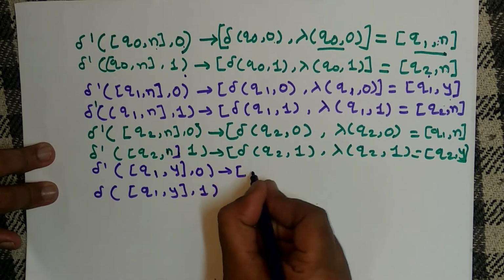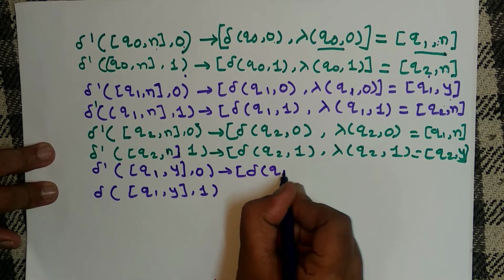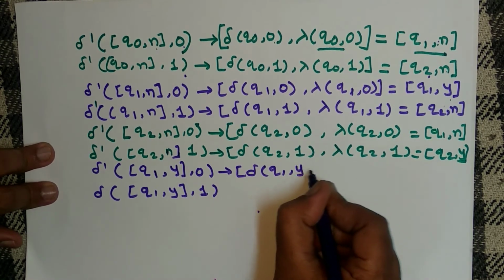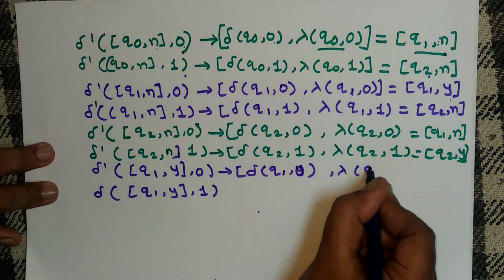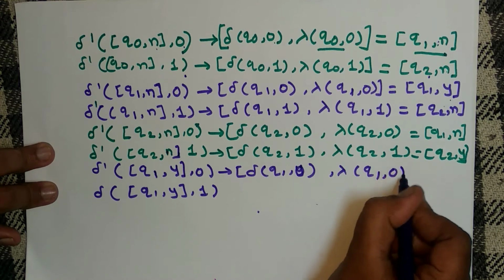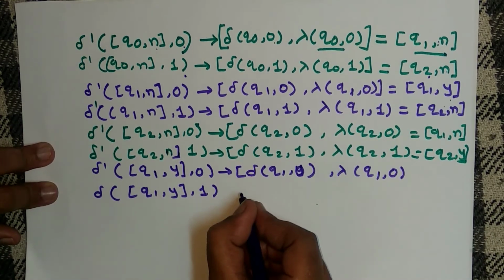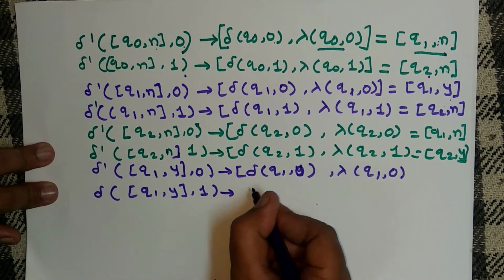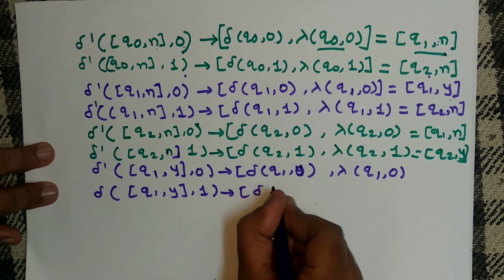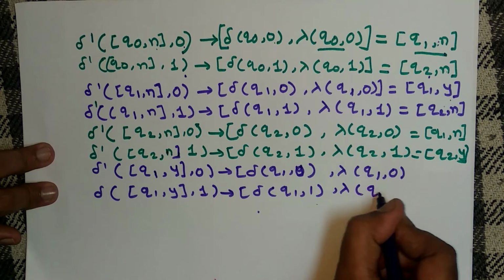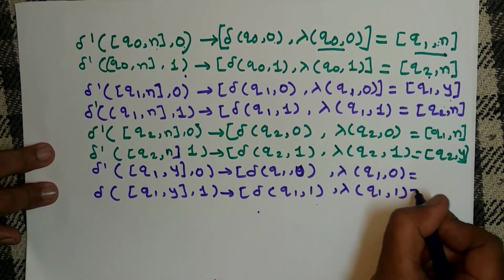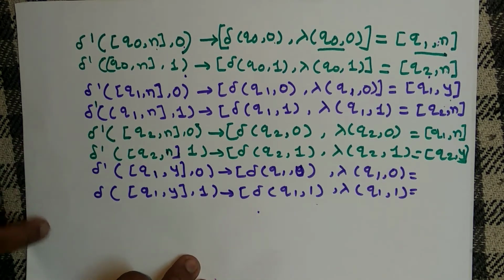Do the splitting: delta of Q1 over the 0 and lambda of Q1 over the 0. Next, delta of Q1 over the 1 and lambda of Q1 over the 1. See what we will get.